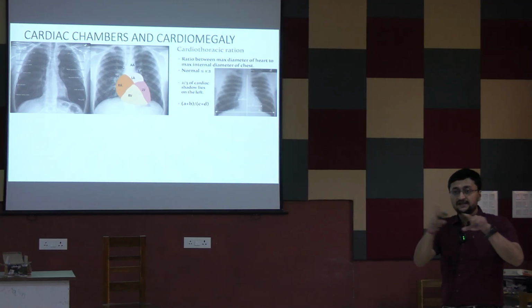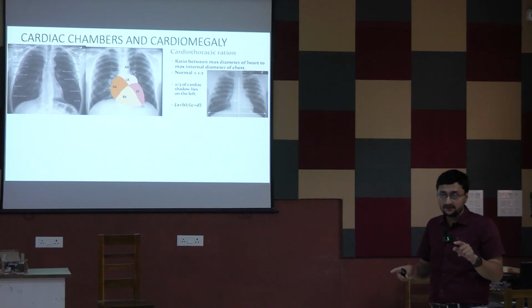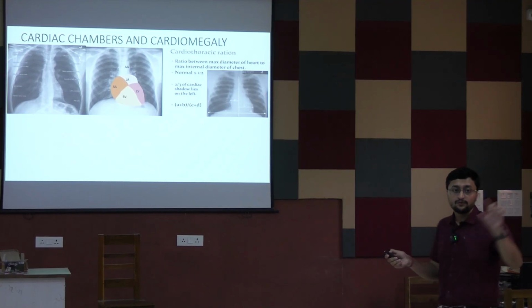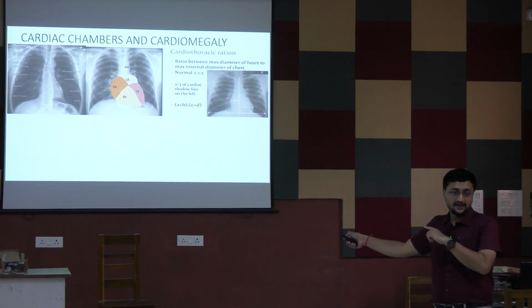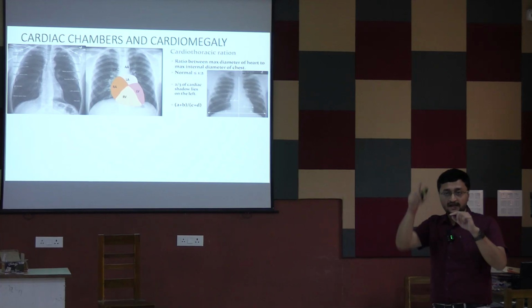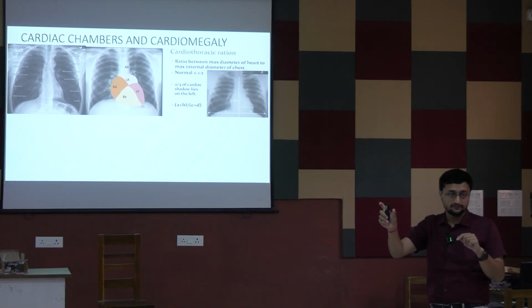So this is A and this is B. And next you have to measure the complete thorax diameter from one-sided CP angle to the other sided CP angle. So this is the total thorax diameter, and A and B make up the cardiac shadow.